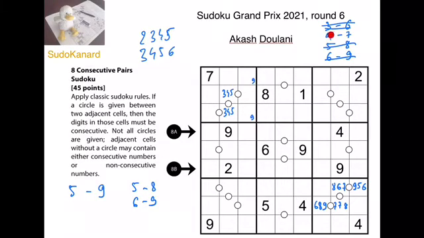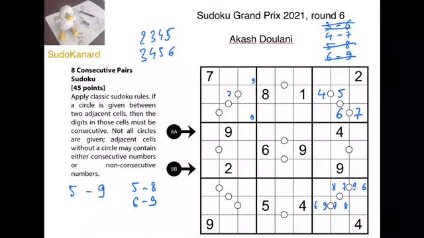So this one has to be 4, 5, 6, 7, and because of this 4 must be at this end. And now we know there's no 6 here, so this central option is to be excluded. And here we know that this is a 3.